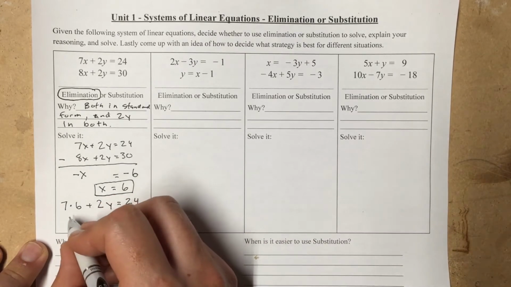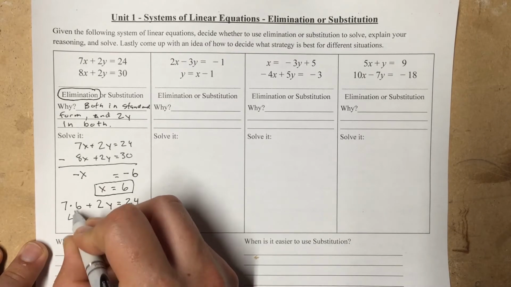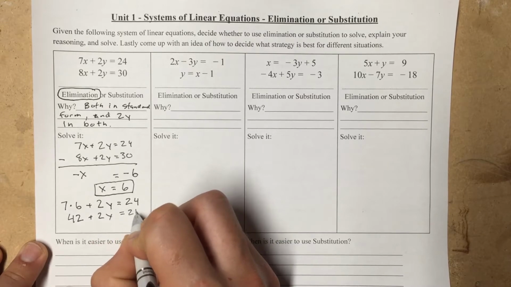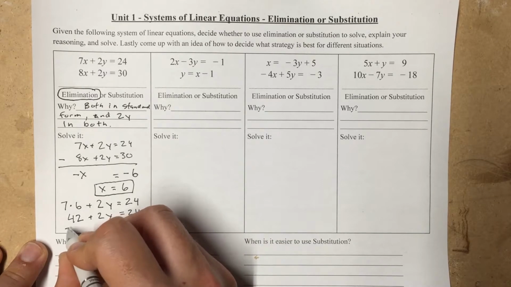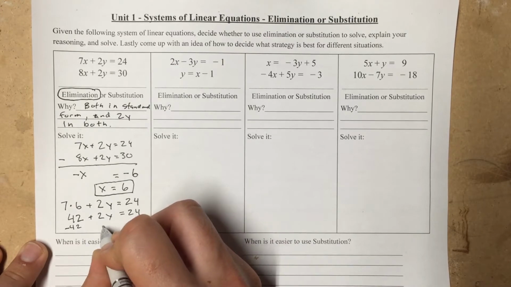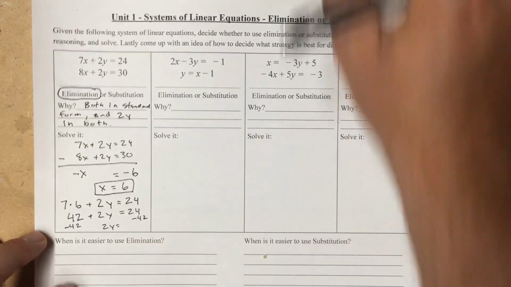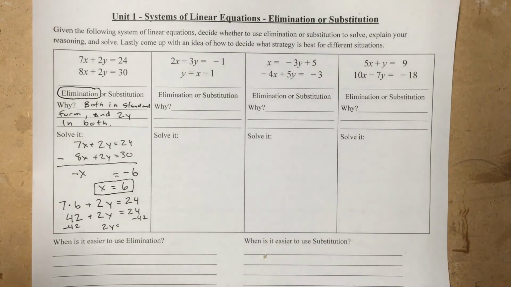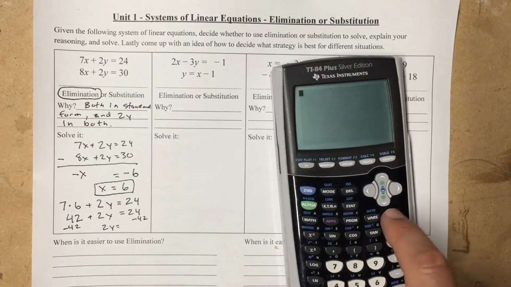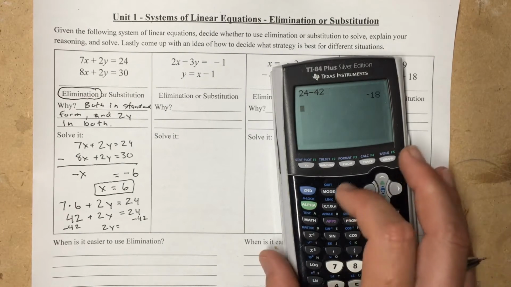7 times 6 is 42. So 42 plus 2y equals 24. Minus the 42 on both sides. Now 2y is equal to 24 minus 42, negative 18.